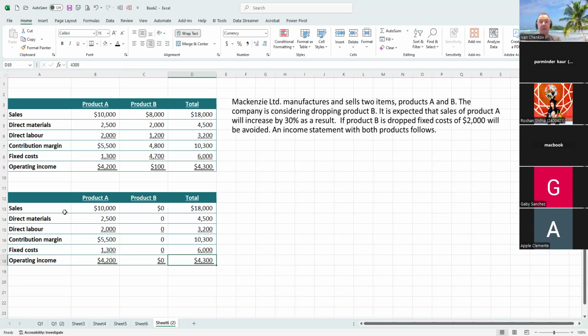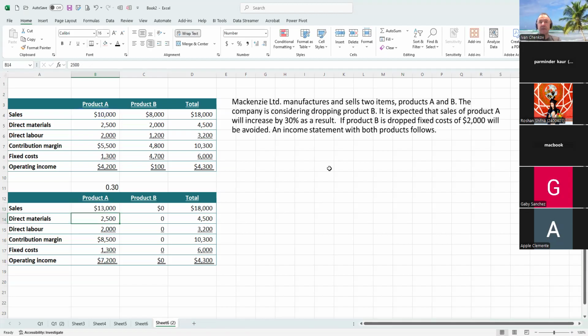If you eliminate product B, it's expected that the sales of product A will increase by 30%. So what's going to happen? Sales will increase, right? With how much? 30%, right? Yes. So what's going to be the new one? This one times 1.3.